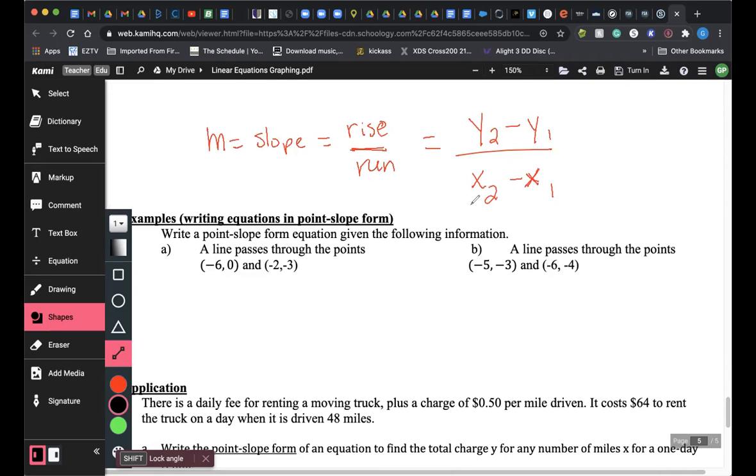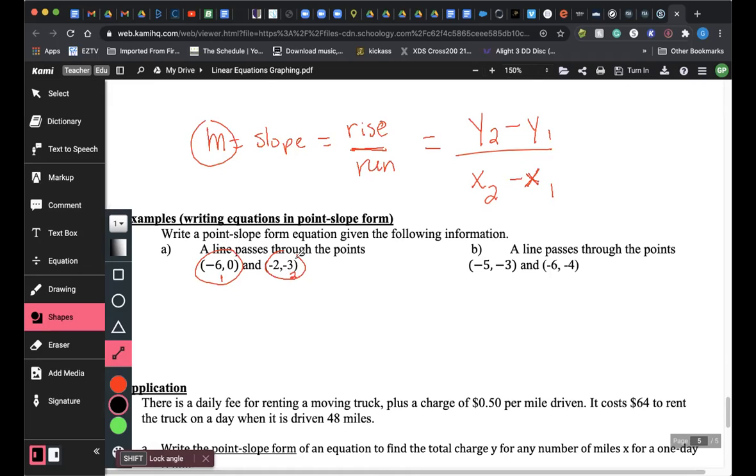So we're going to watch how this works. We're going to find the slope of a line using 2 points. For this first one, we're just going to call this point 1, and we're going to call this point 2.